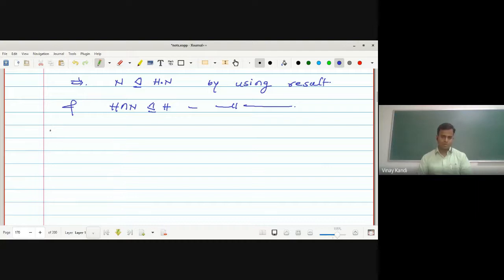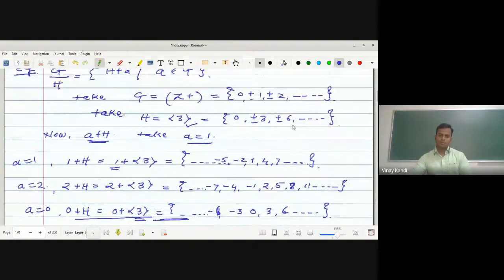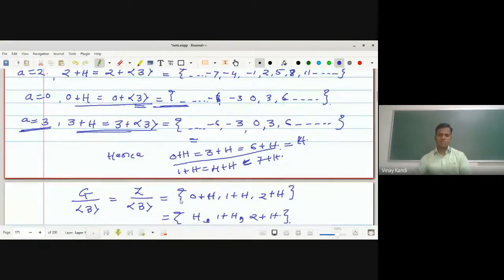If a quotient group G by H is defined, what is its identity? What is the identity element of G by H? For example, Z upon the subgroup generated by 3. What is the identity of this quotient group?